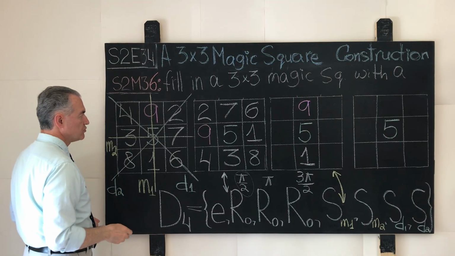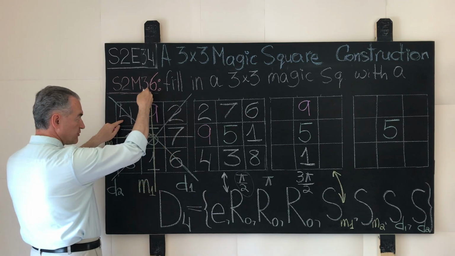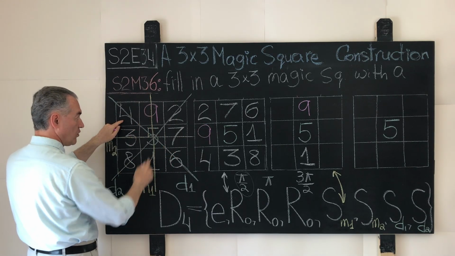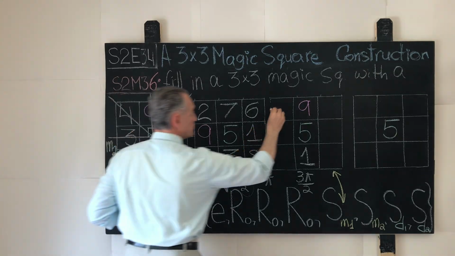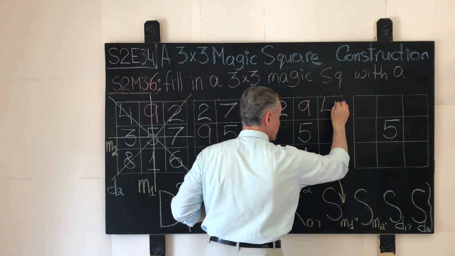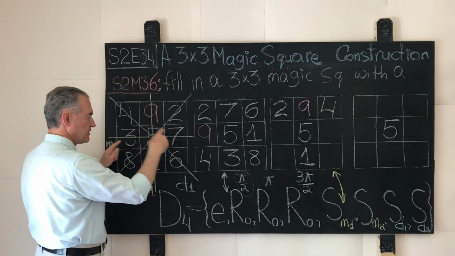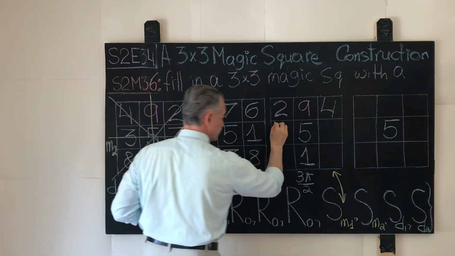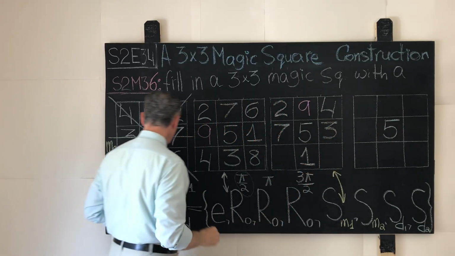Now what will happen to the numbers, let's say 2 and 4? Under the reflection with respect to the vertical axis of symmetry M1, the numbers 2 and 4 will trade places. Number 2 will jump over here, number 4 will jump over here. The numbers 3 and 7 will trade places under this reflection, so 7 will live over here, 3 will live over here.